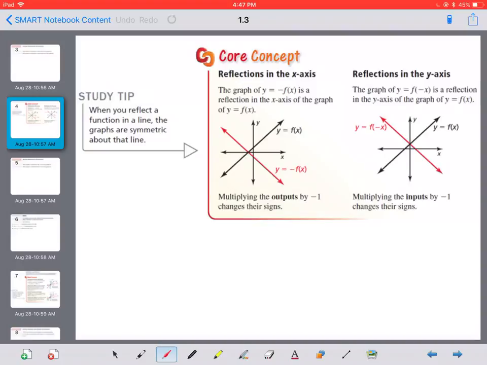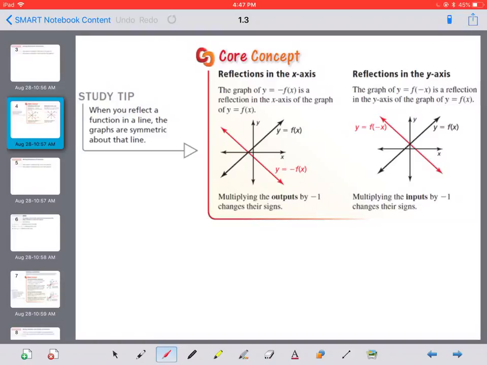Reflection is in a mirror, and some line is going to act as your mirror. If you're reflecting in the x-axis, the x-axis is acting as your mirror. So it's kind of like mirror, mirror on the floor. If you're looking at the mirror on the floor, your reflection is reflected down below you. That's what's happening here. We're changing in the y direction.